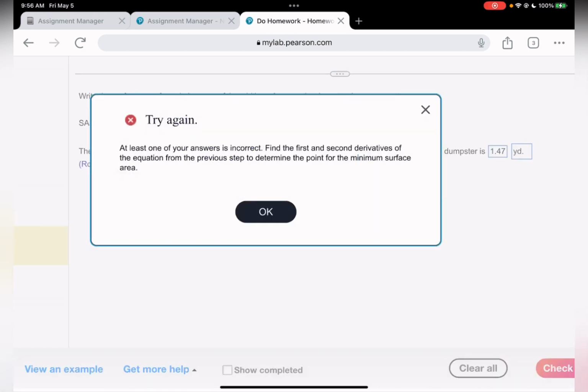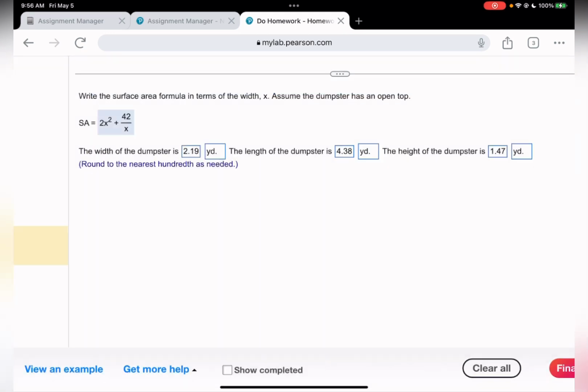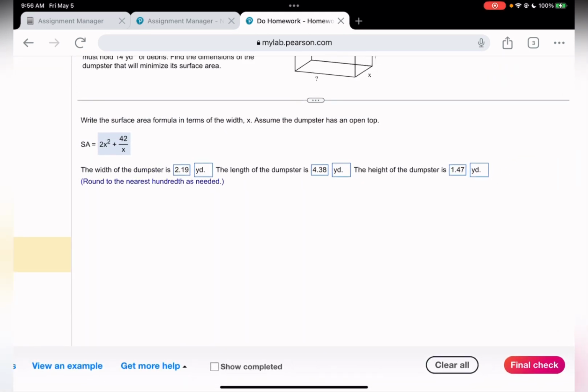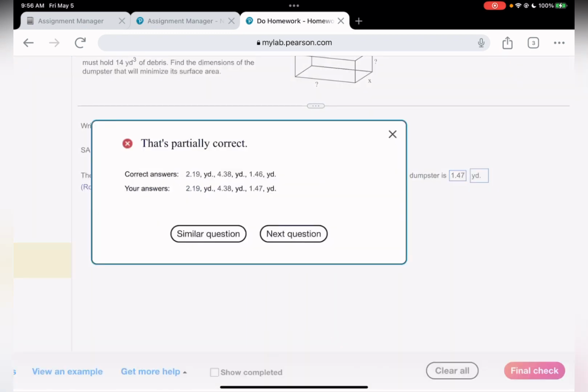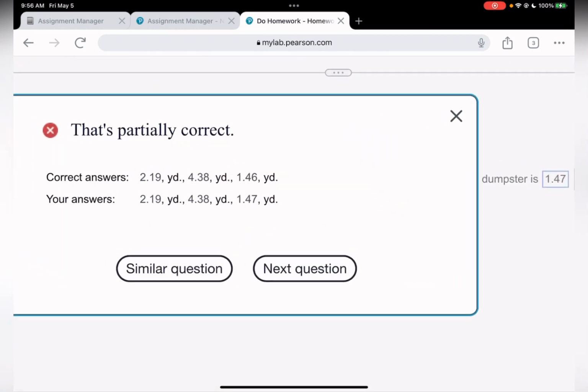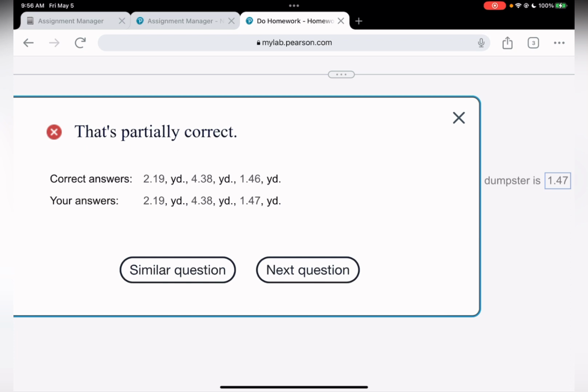Okay, at least one of the answers I have checked, and I'm curious. I'm going to click final check. I want to see what they are saying, which one is wrong. 219, 438, 146. I officially declare 146 is wrong, because I'm getting 1.4659, so it's supposed to be 147.